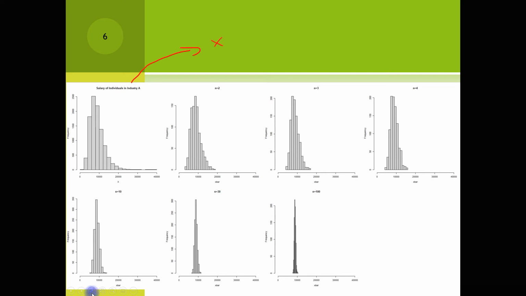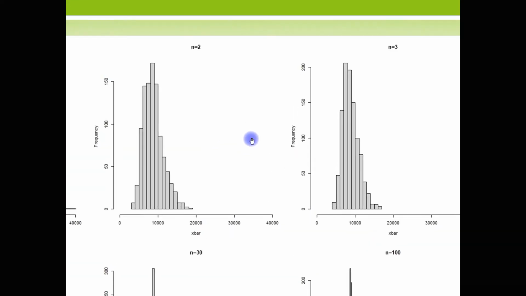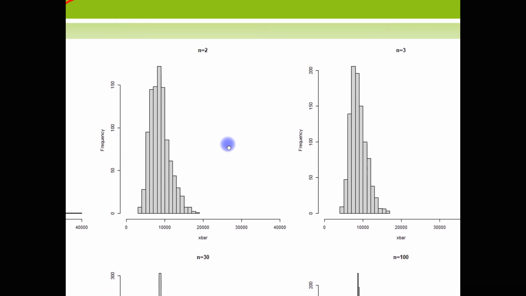However, when you start looking at the others, like this one, you see that now we are starting to take random samples. I'm taking several random samples from the population, but the sample size is 2.